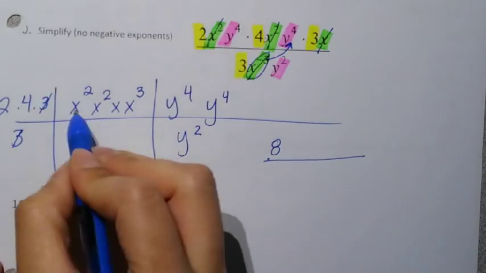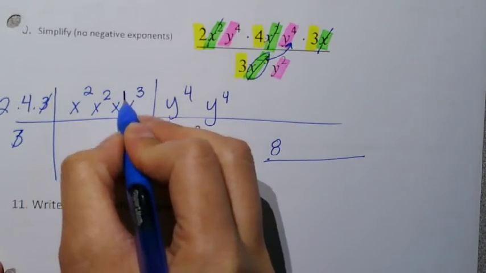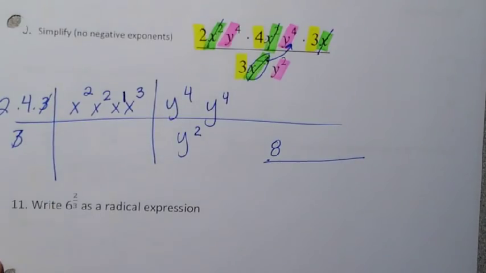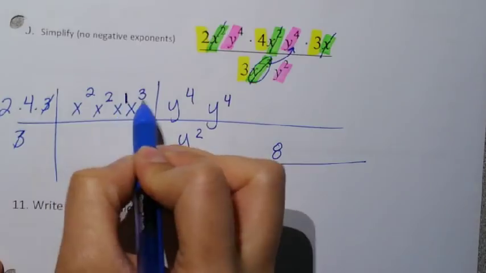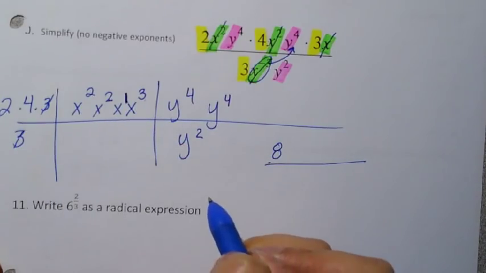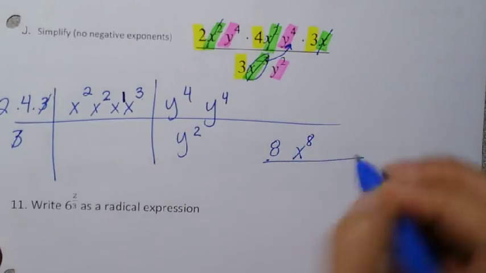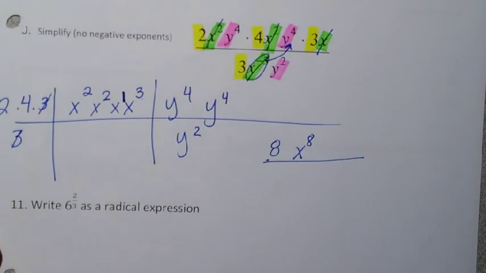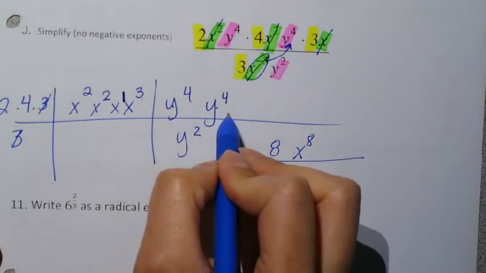Okay, over here I have, if I don't have a power, it's a 1, don't forget that. So that means I have 8 x's, 2 plus 2 plus 1 plus 3 is 8. Okay, and then the y's, over here at the top I have y to the 4th and y to the 4th.